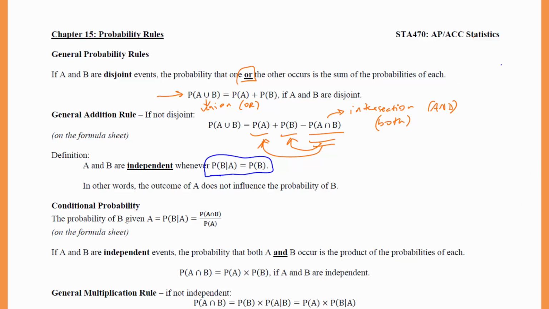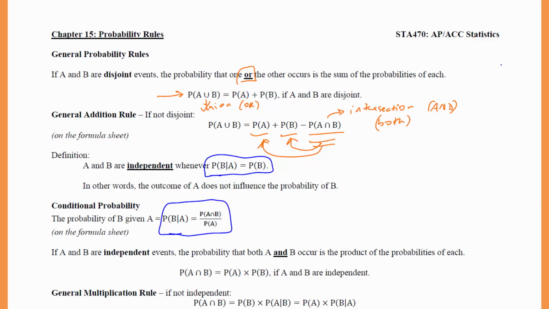So the probability of B given A, that conditional probability, is that formula there, the probability of A and B divided by the probability of A. So on the top is the probability of both of those events happening. On the bottom is the probability of the condition happening.